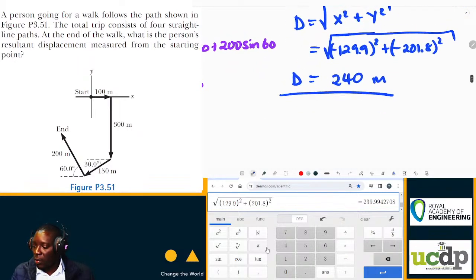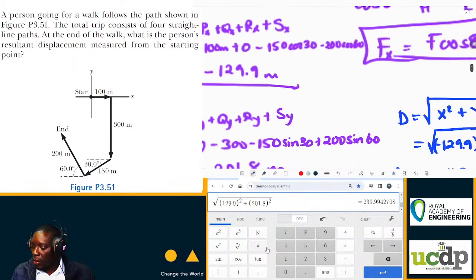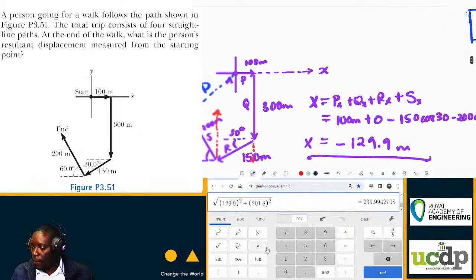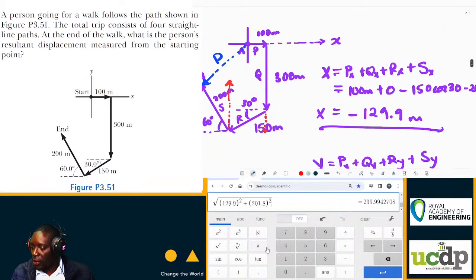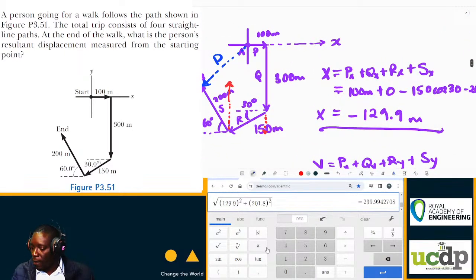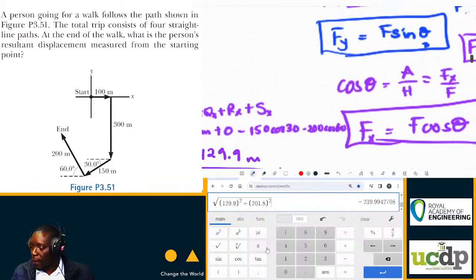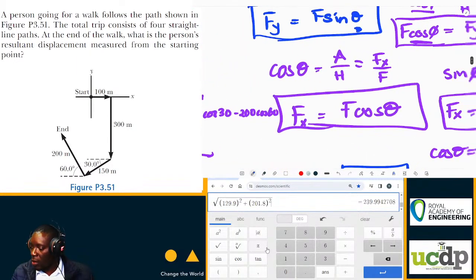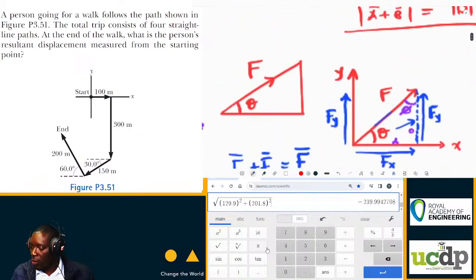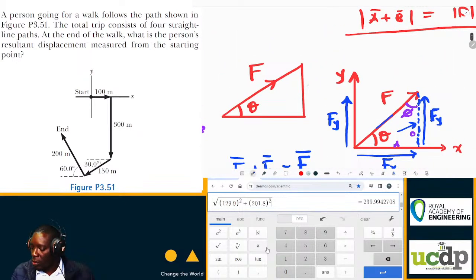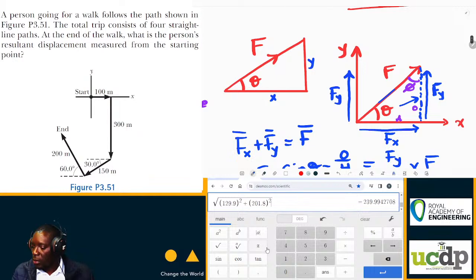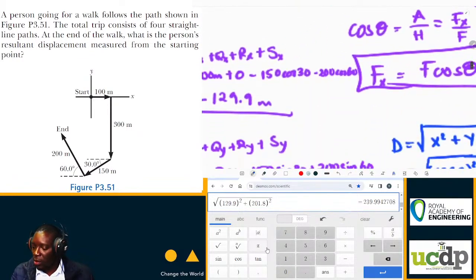And what's the angle? Remember, arctan y over x. If we use arctan y over x, this is y, this is x. Tan theta is y over x. So arctan y over x gives us the angle with the horizontal.